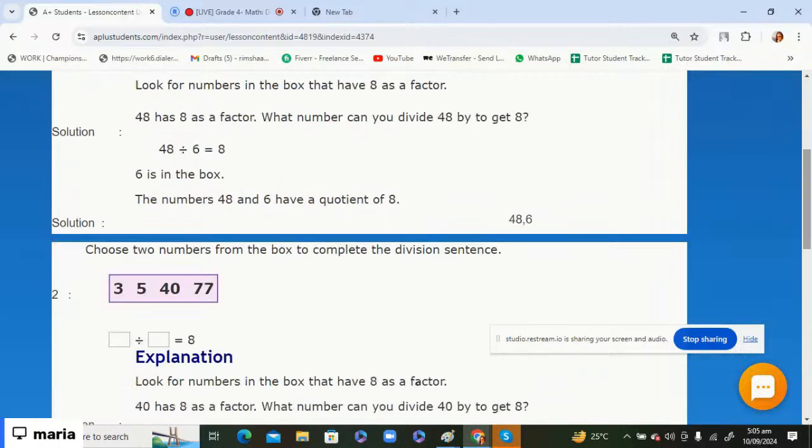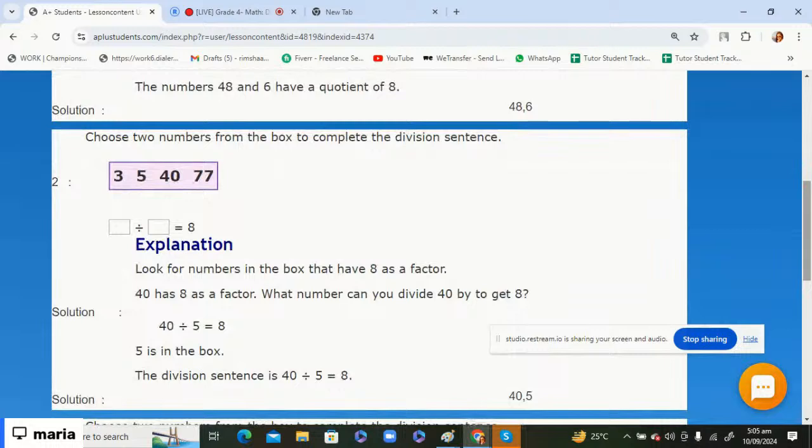Choose two numbers from the box to complete the division sentence. Again, we are looking for numbers in the box that give 8 as the quotient. So 40 and 5. Let's divide 40 by 5. Which number times 5 is 40? Everyone tell me.